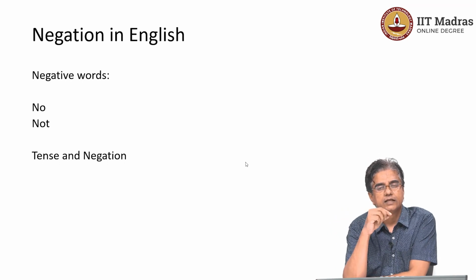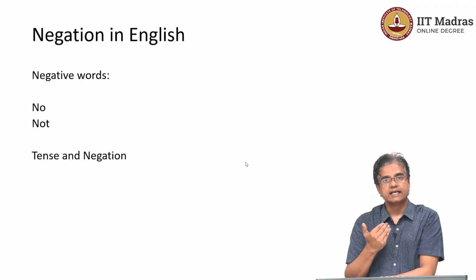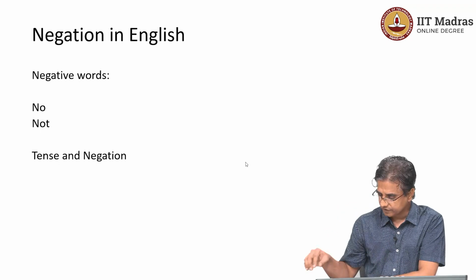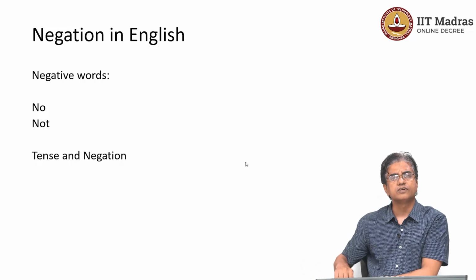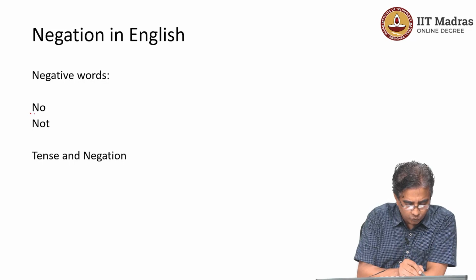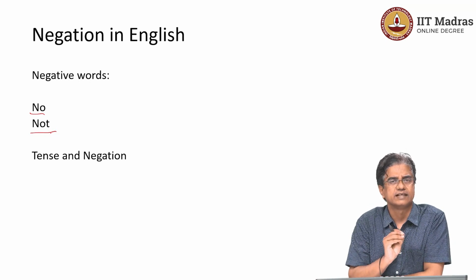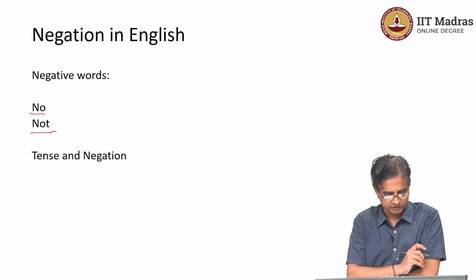And so, the negation as part of the predicate negates the whole sentence, and therefore, we say a sentence is negative. So, what are the negative words in English? We have no and not. Very simple, two specific negative elements in English.